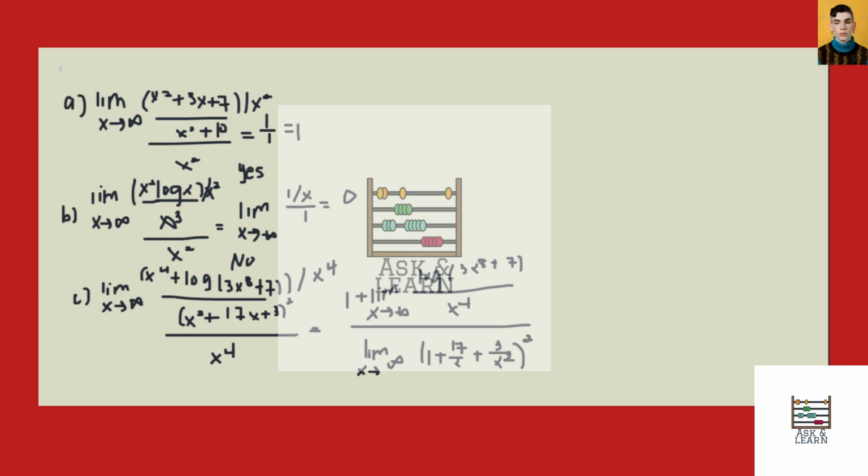We're going to use the L'Hopital rule on the limit above here, which is log of 3x to the eighth plus 7 over x to the fourth. So this becomes equal to 1 plus 0 over 1 squared, which is just equal to 1. And by the definition of asymptotic, we know that these two are asymptotic.